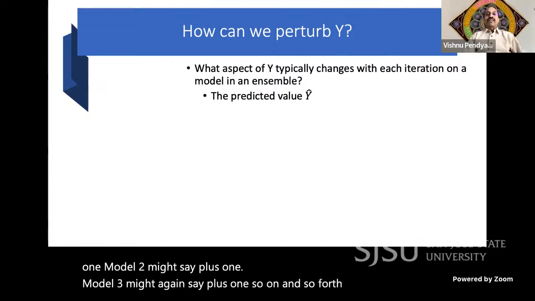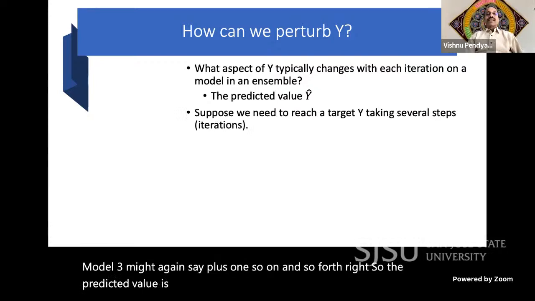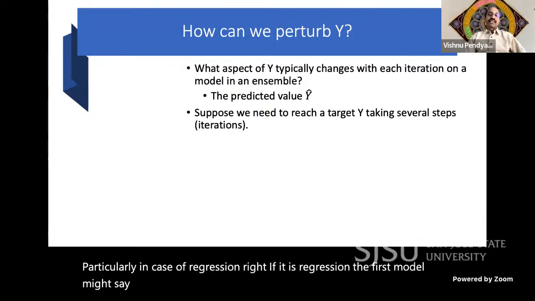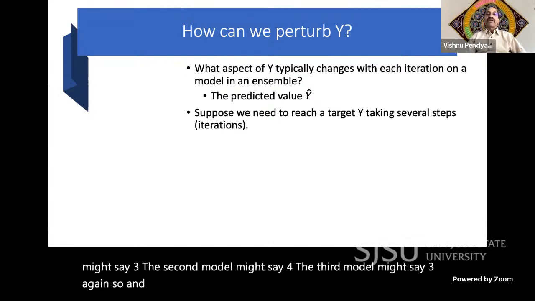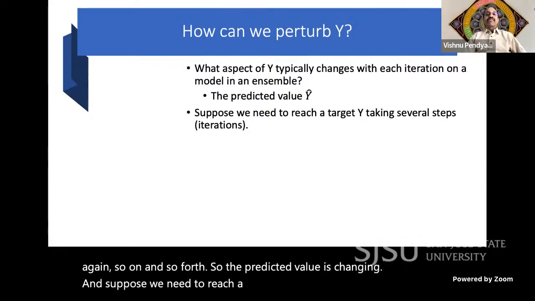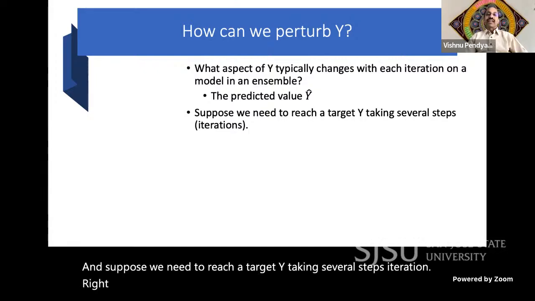So the predicted value is changing, particularly in case of regression. If it is regression, the first model might say 3, the second model might say 4, the third model might say 3 again, so on and so forth. So the predicted value is changing. And suppose we need to reach a target y taking several steps, iterations, right? In fact, that is what we are anyway going to do because we iterate through the models.